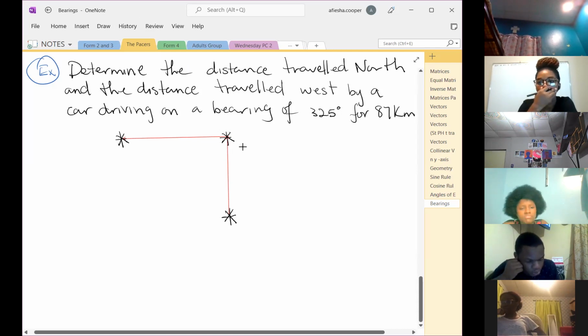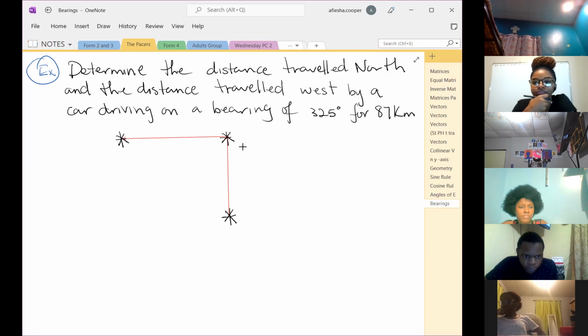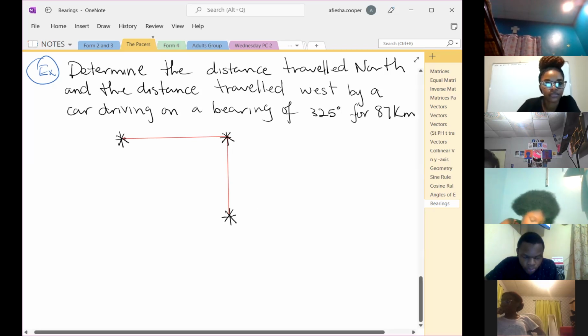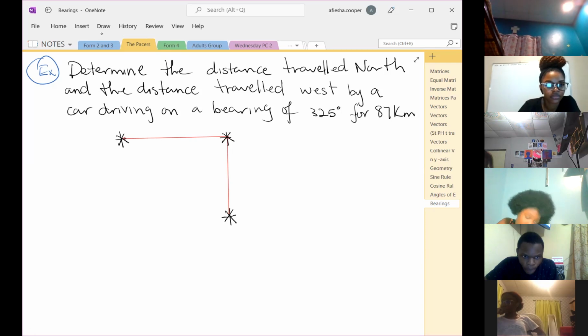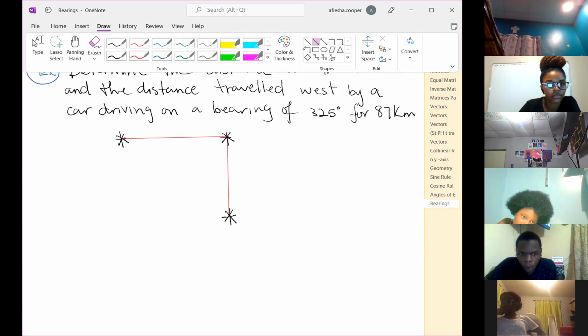Where's the next line? On the west line, draw a circle coming around to make the 325 in a clockwise motion. I'm drawing this line here.